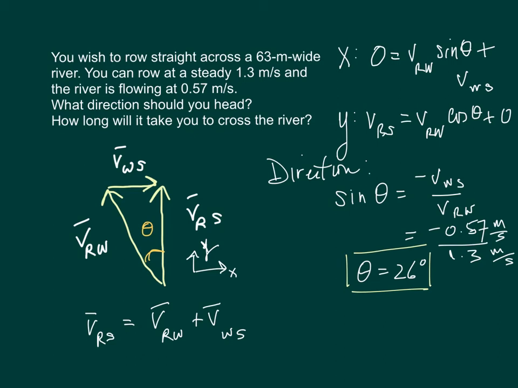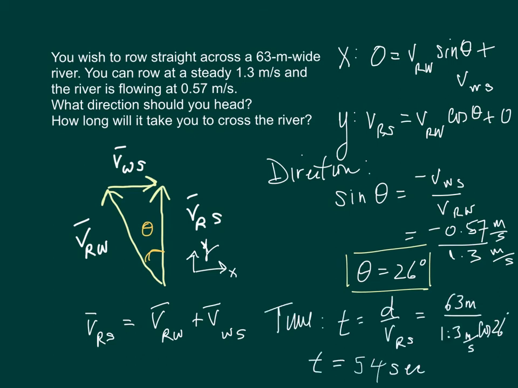The next thing we want to do is figure out how long it will take you to cross the river. So the time it takes you to row across the river is just going to be equal to the distance you have to go divided by your velocity. So we know the distance to be 63 meters, and the velocity of the rower with respect to the shore we can get from our y equation.